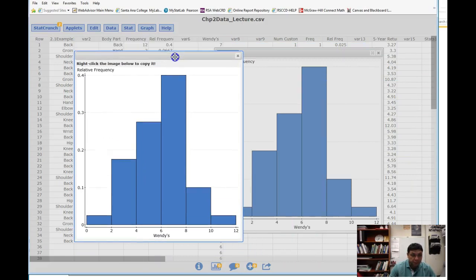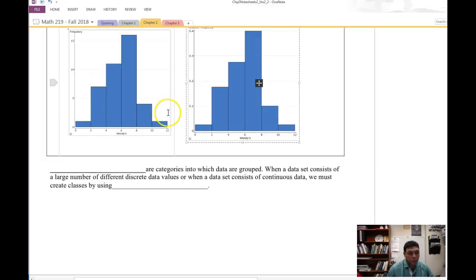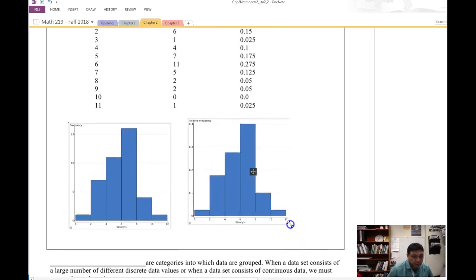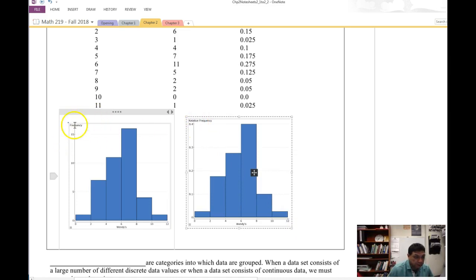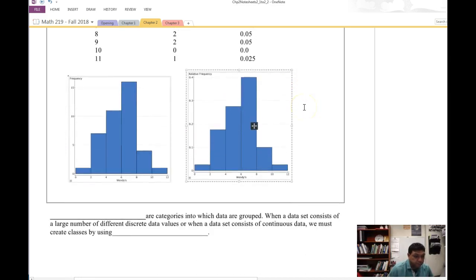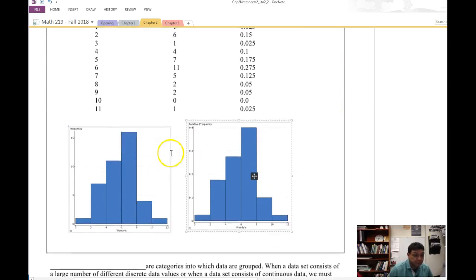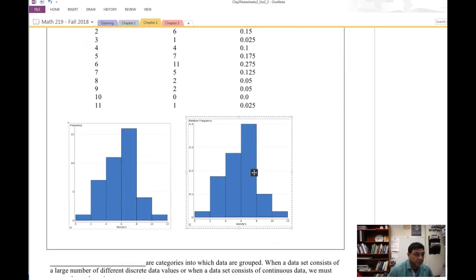They're identical, and the shapes are the same. The only difference is relative versus frequency. You see these are in decimals and these are the actual values. And so that's a relative frequency and frequency histogram.